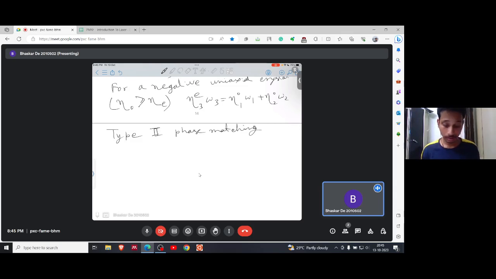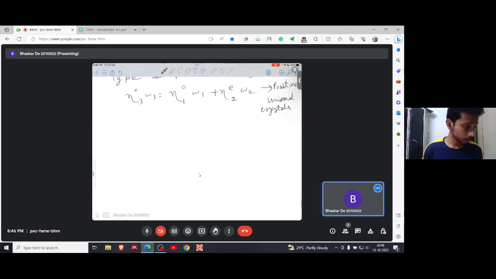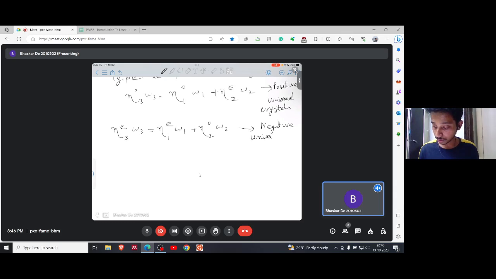Here the phase matching condition would be n_3o omega 3 equal to n_1o omega 1 plus n_2e omega 2 for positive uniaxial crystals, and then n_3e omega 3 equal to n_1e omega 1 plus n_2o omega 2 for negative uniaxial crystals. So these are the conditions for phase matching type 1 and type 2.